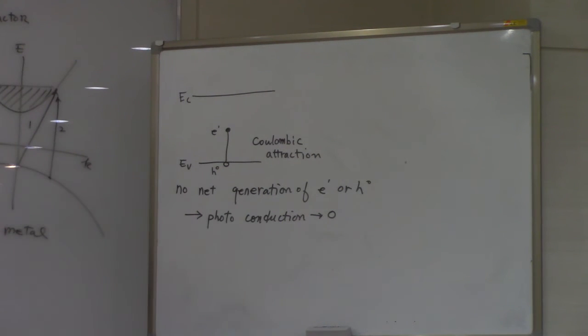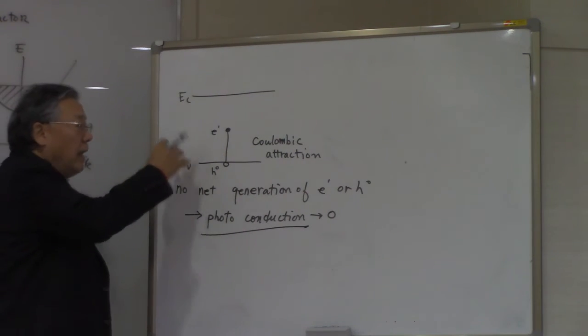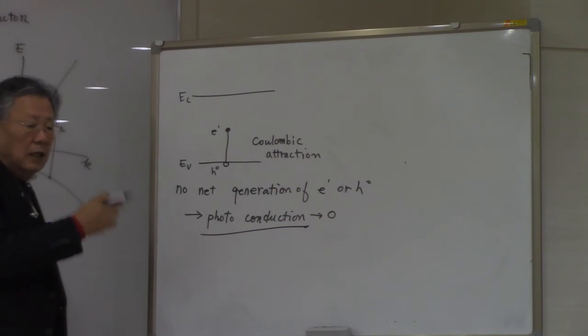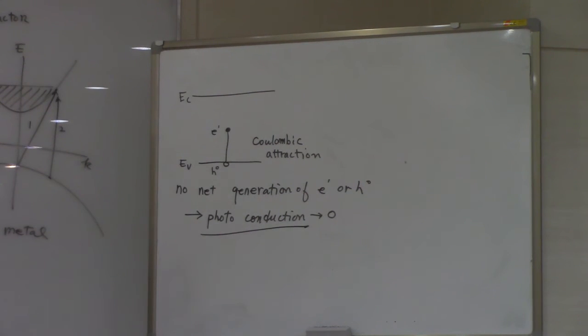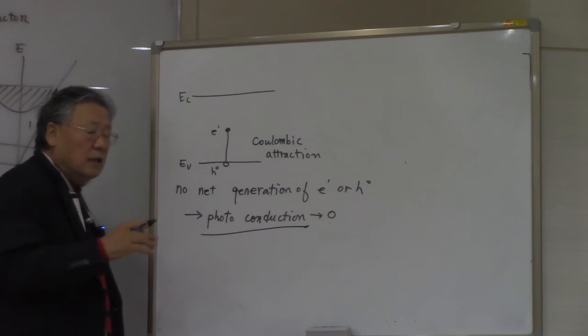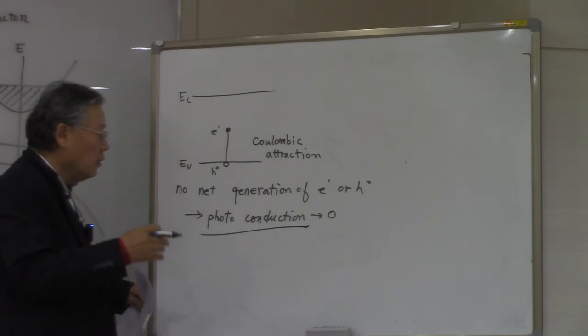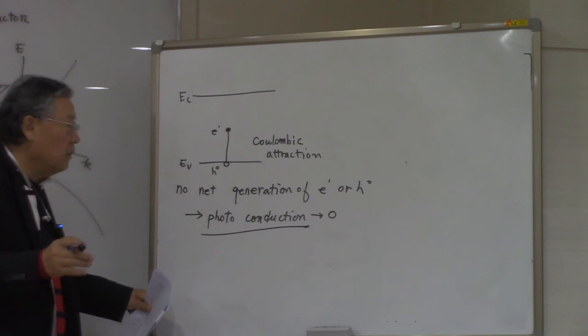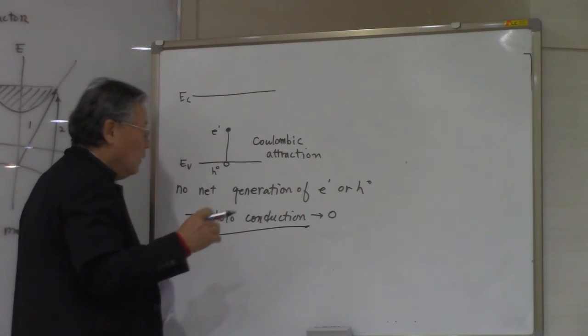In a band-to-band transition case, you create a hole in the valence band and free electrons in the conduction band. So we do have an increase in the conductivity of the material because we increase the number of free electrons by the excitation of electrons in the valence band. However, in the exciton case, the electrons and holes are coupled together so that we do not have any net generation of free carriers, okay? So no photoconduction can be observed in the exciton absorption.